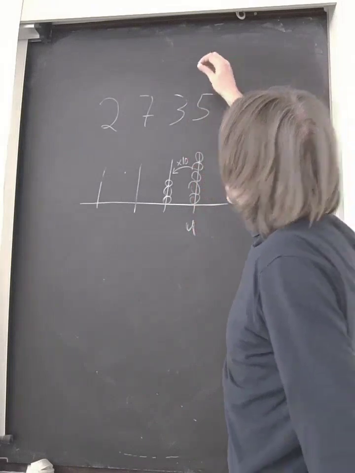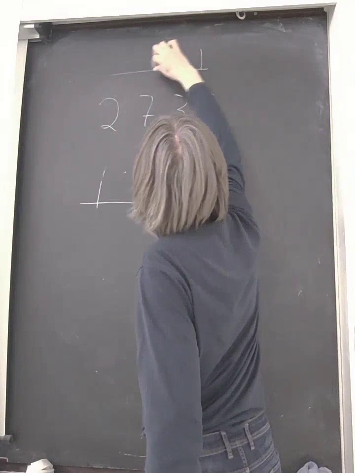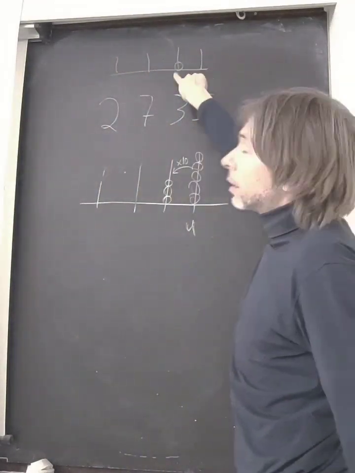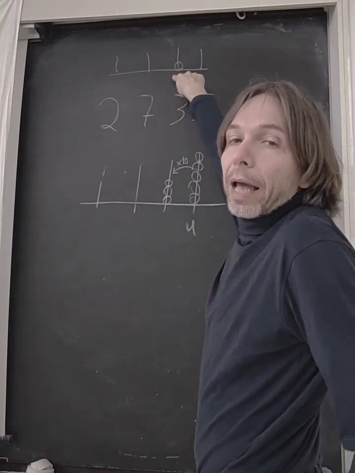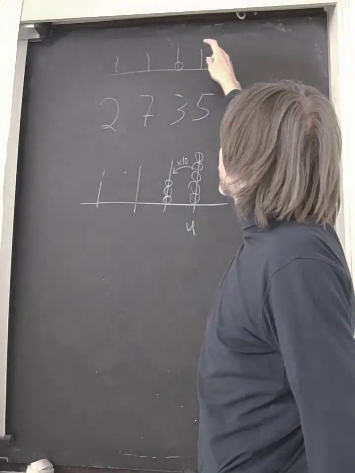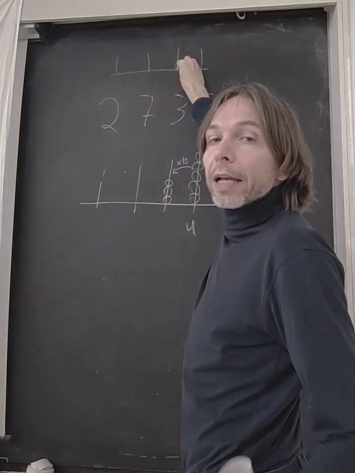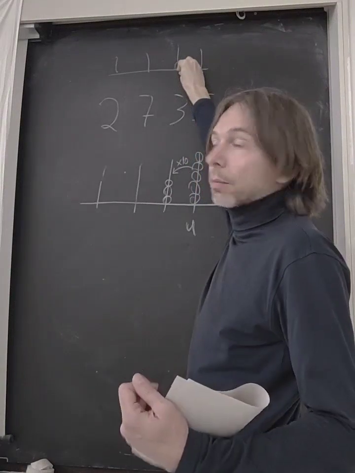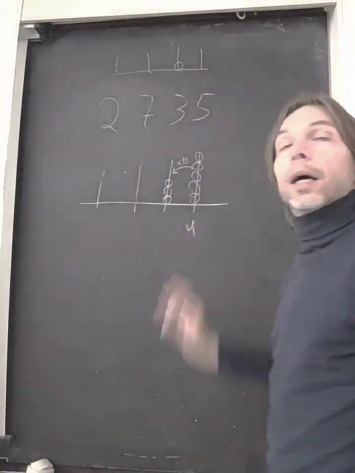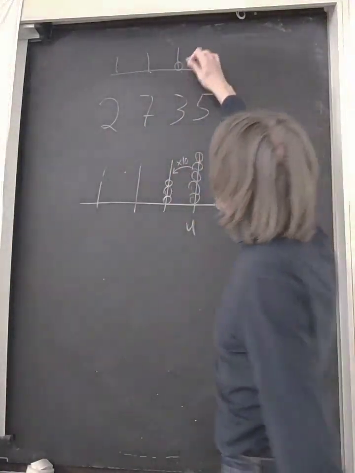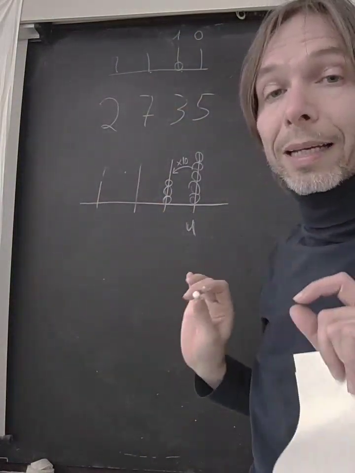So, for example, if I had just 1 ball here, this means that in total I have 10 apples, because I have 0 apples here, 1 apple here, whose value is 10, and 0 apples here and here. So in total I have 10 apples. This is number 10, human 10.